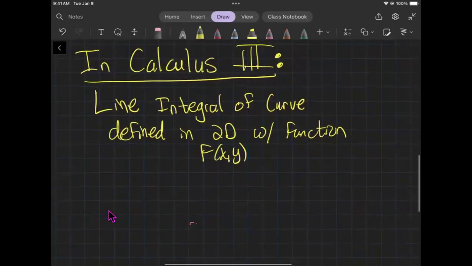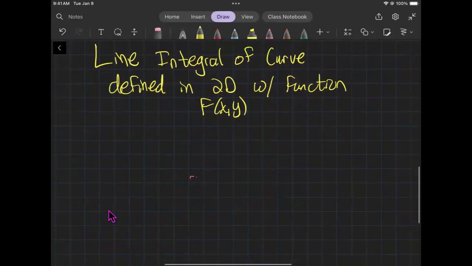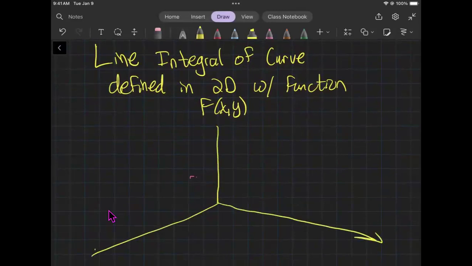I hope you have seen the definition of a line integral before, but if not, let's go over it real quick. So here's the intuition behind line integrals.